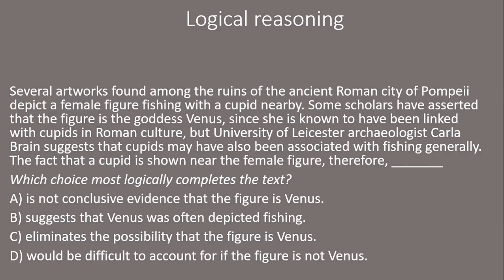Now, in that case, we cannot just conclude that the figure is the goddess Venus, because if cubebs were associated with fishing generally, then anybody could be with a cubeb as long as they are fishing. So, in that case, the conclusion of the second part of the argument is casting doubt on the first conclusion.